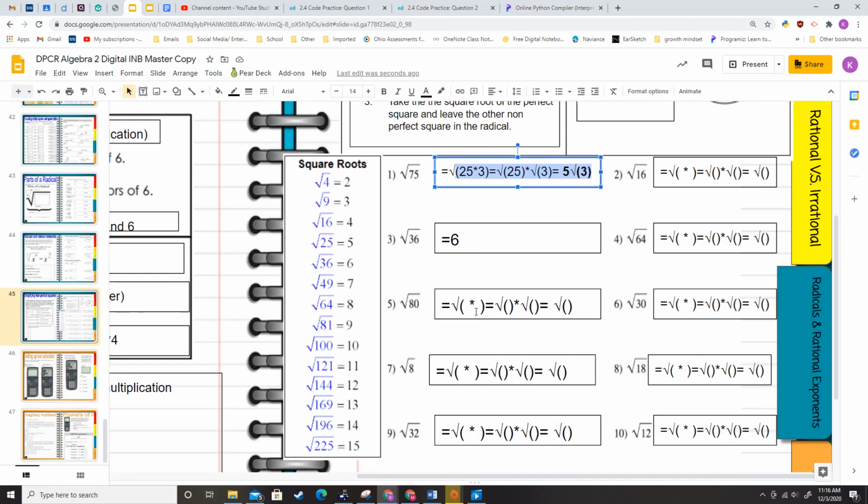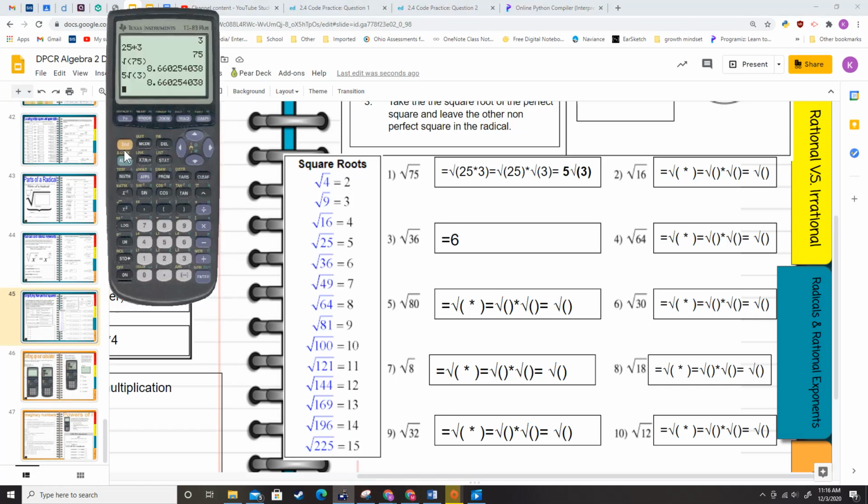All right, let's look at another one we got here. This time we got the square root of 80. This time we're going to go through it. We're going to divide a couple things in there to see which ones can give us 80. I think a good place for us to start is probably around here, because I know that 49 is a little over half of 80, so that's not going to divide in there evenly.